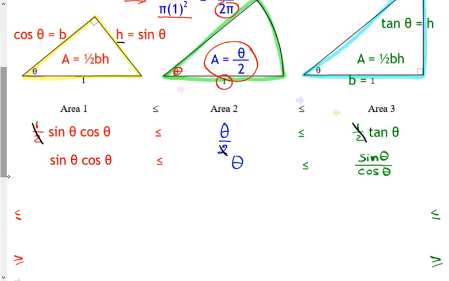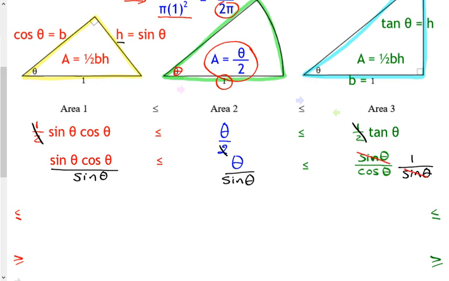So since I'm going to want the sine theta over theta, right now I have a theta. What if I took each of these terms and I divided out a sine theta? Then I can see some things will cancel out.